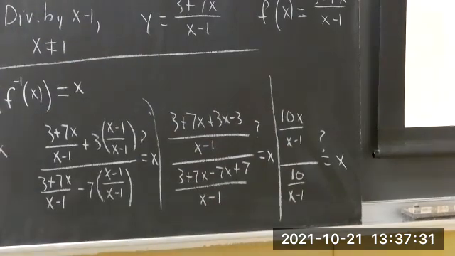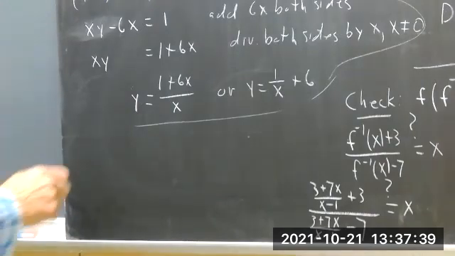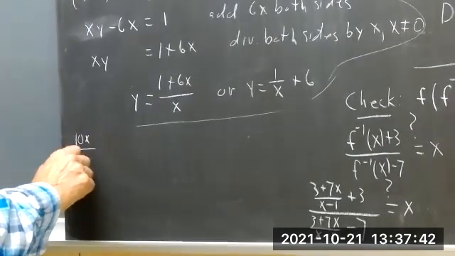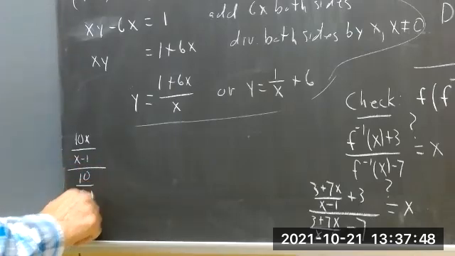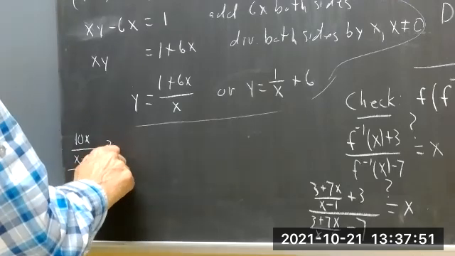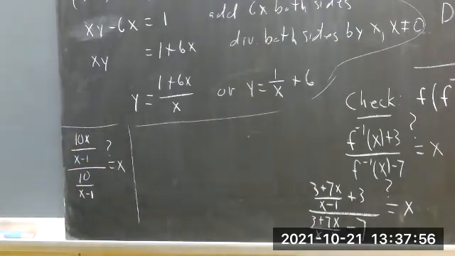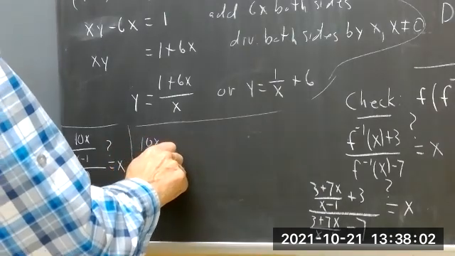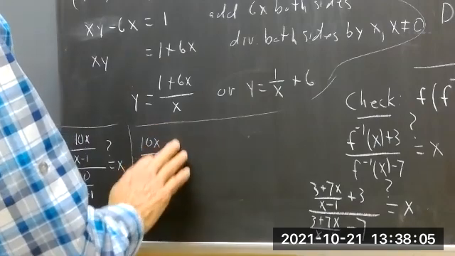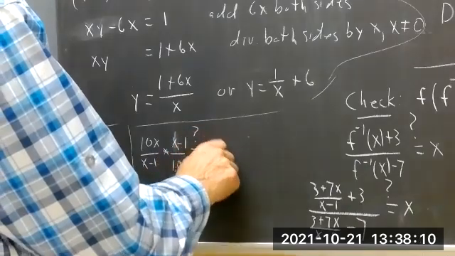So now what do we have? We have 10x over x minus 1, all divided by 10 over x minus 1. Let's see if that equals x. That's just 10x over x minus 1 multiplied by x minus 1 over 10.